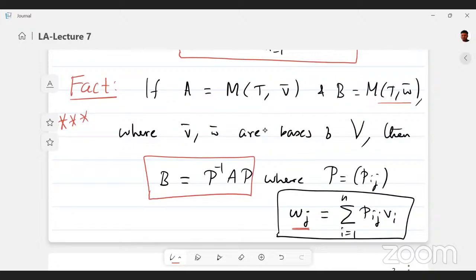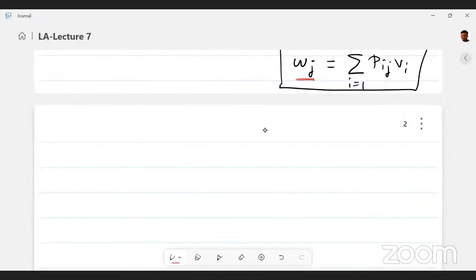So in other words, what we proved is that this change of basis corresponds to the conjugation of this matrix. Okay, so this is what we understood.